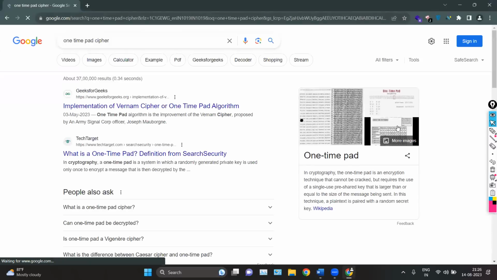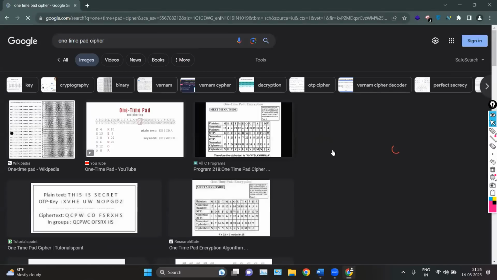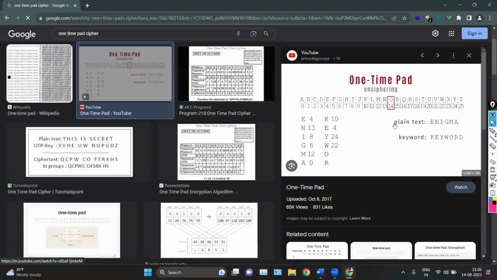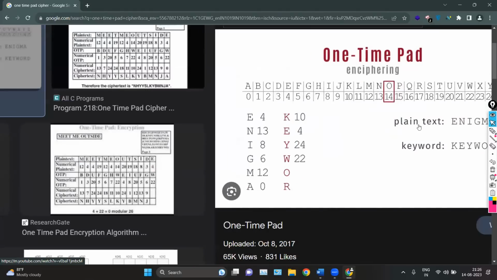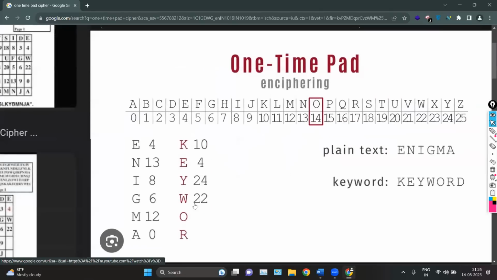Okay, and here you can see the image. This one is the one-time pad cipher, where you have the combination of alphabets and then these numbers. Let's say you have Enigma as your plain text. So E is 4 here, and N is 13 here, like that.